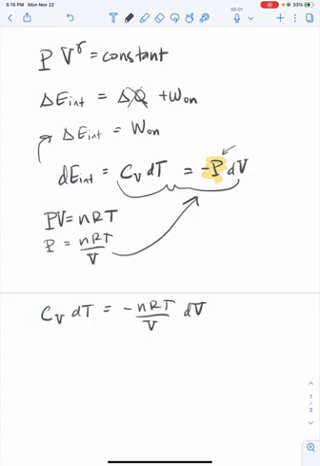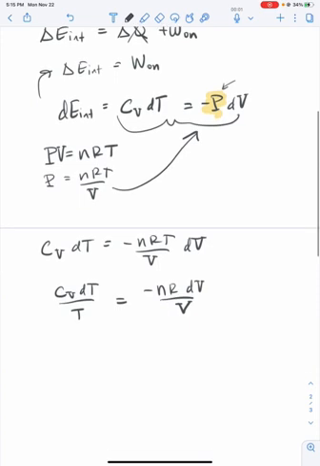And so we're going to move that temperature over to the left side of our equation, giving us an equation that looks like this. And now all of our variables are separated. The CV and the n and the R are constant here, okay? And so now we have something that we can actually integrate, okay?